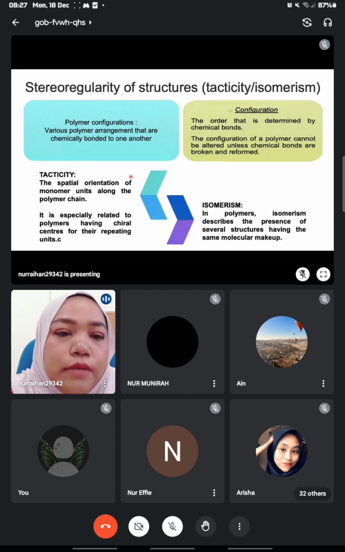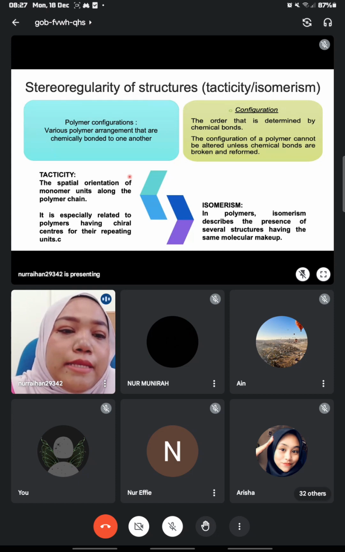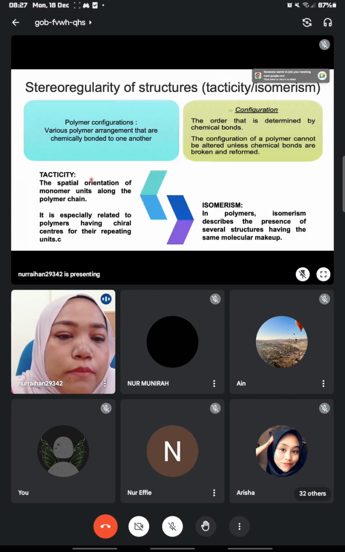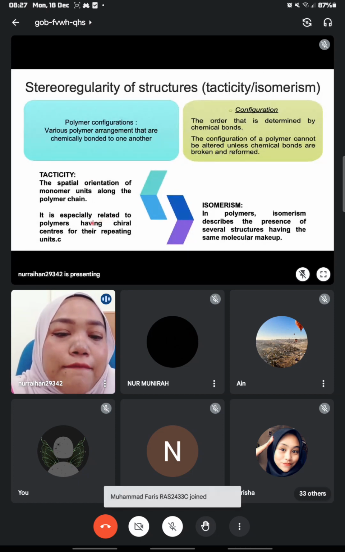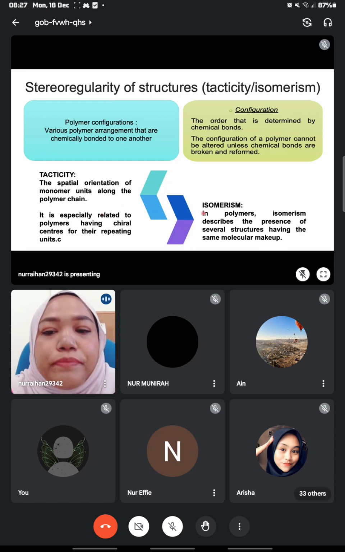Under the configuration you can classify either tacticity, the stereoisomerism from earlier, or isomerism. Tacticity is defined as the orientation of the monomer units along the polymer chain, and it is especially related to polymers having a chiral center in their repeating units. This is the requirement for tacticity.